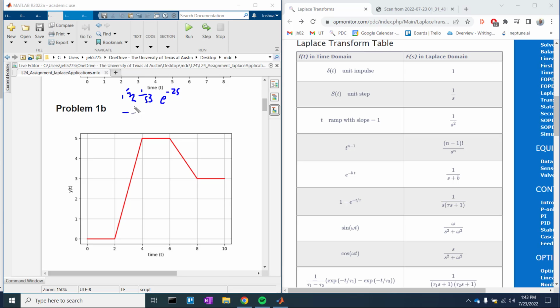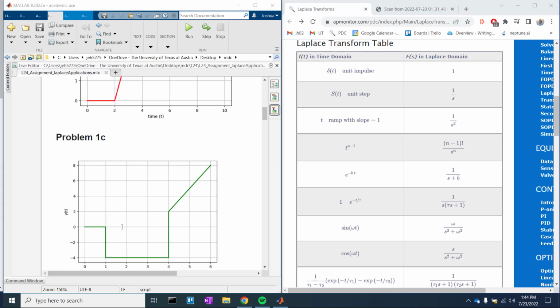The other one is going to be negative 5 halves 1 over s squared e to the negative 4s. The next one is going to be negative 1 over s squared e to the negative 6s. And the last one is going to be positive 1 over s squared e to the negative 8s.